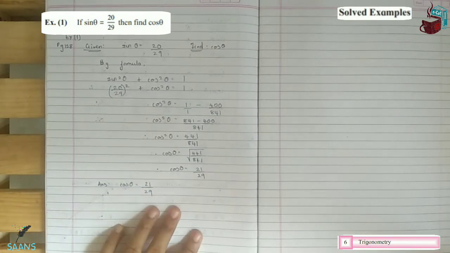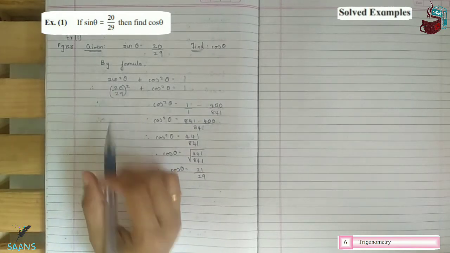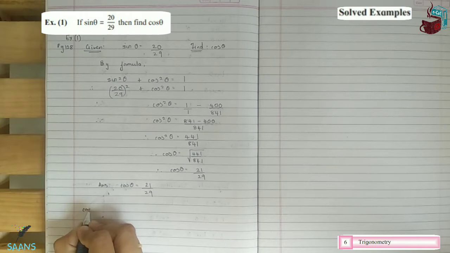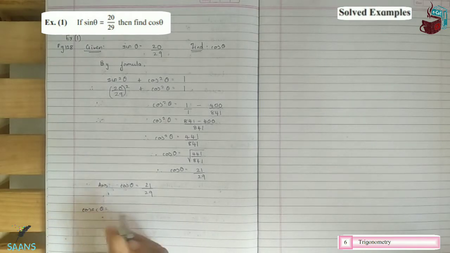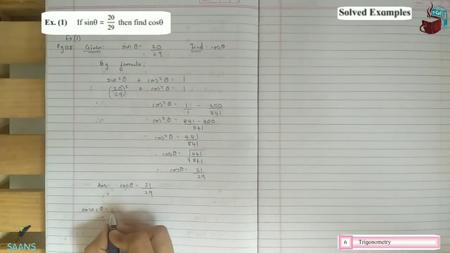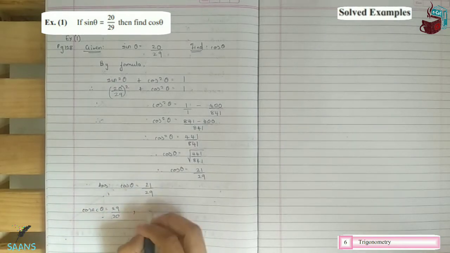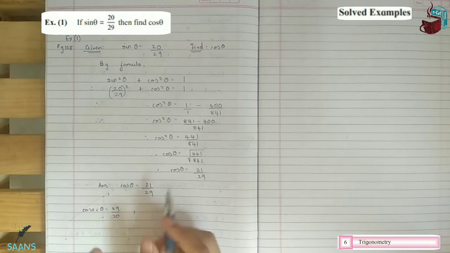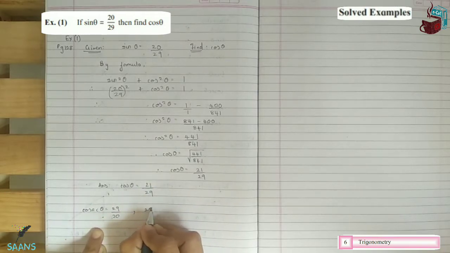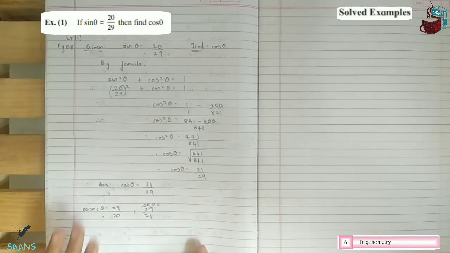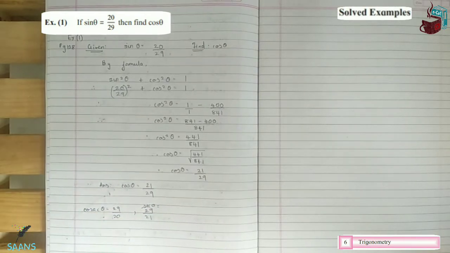Now, for your practice sake, if I say cosec theta, what will it be? Take the reciprocal, so it will be 29 upon 20. Then sec theta will be 29 upon 21. Similarly, you can find cot theta and tan theta just for practice. So you'll get a hang of what we are doing.